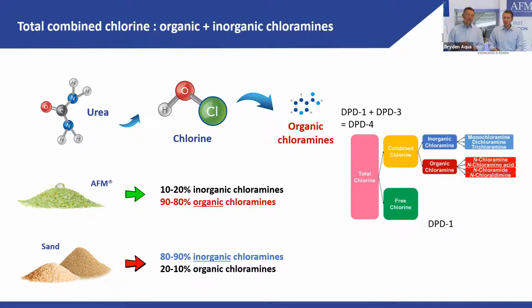Other countries are higher. So for us, with AFM, we cannot promise that you have less total combined chlorine. We can promise you have much less inorganic, but not less organic chloramines. It will be about the same, can even be a little bit higher, because these organic chloramines are not volatile at all.